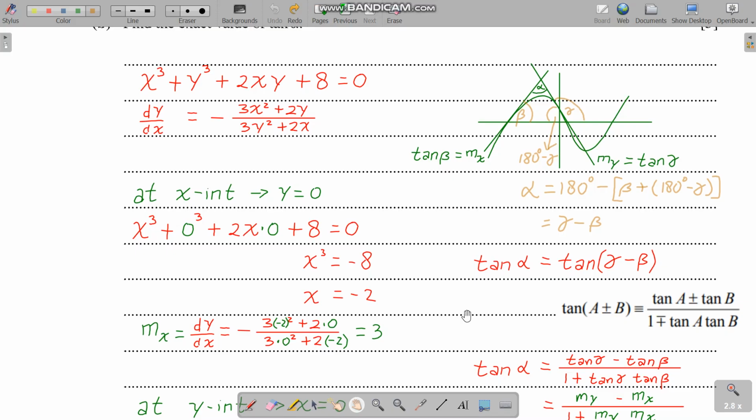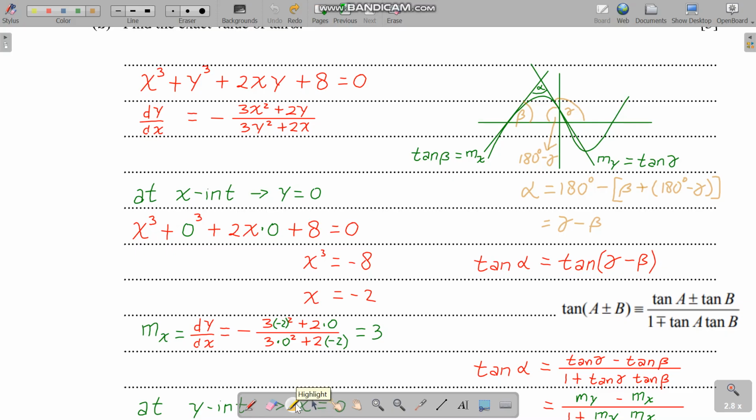Now how do we find mx and my? Let's focus on the x-intercept for now. At the x-intercept, it's going to be something comma 0, so y must be 0. So you replace y with 0. This is 0, so we have x cubed equals minus 8, x equals minus 2.